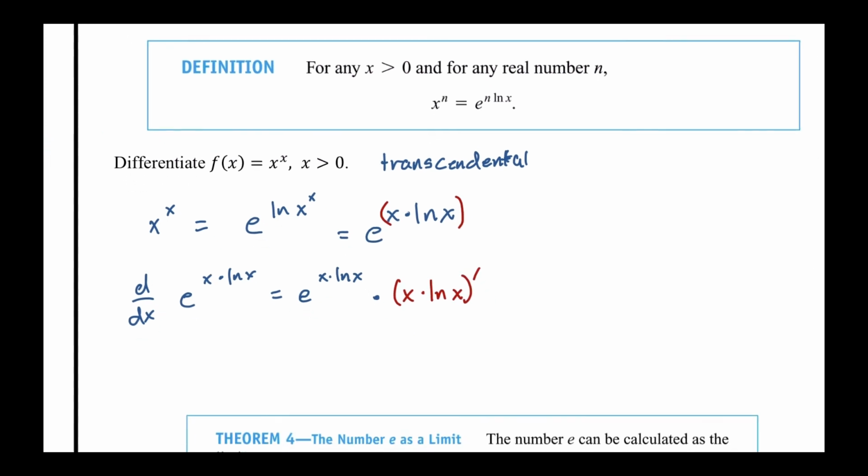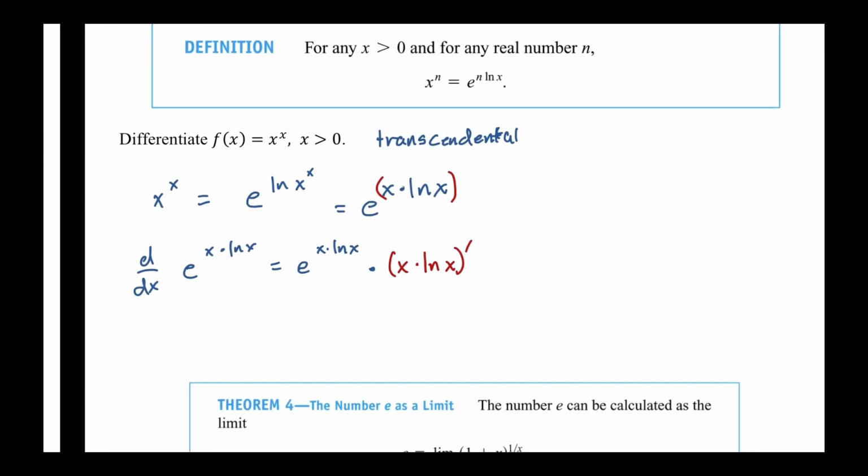The inner function, we do need a product rule here because, again, x is a variable. Before it was like ln of a, so you would just have this as your derivative, but we need the product rule.